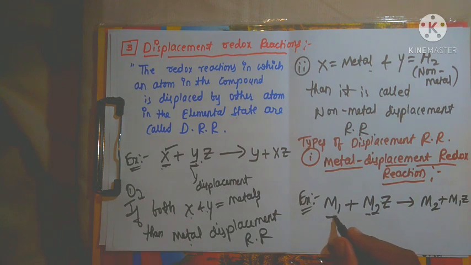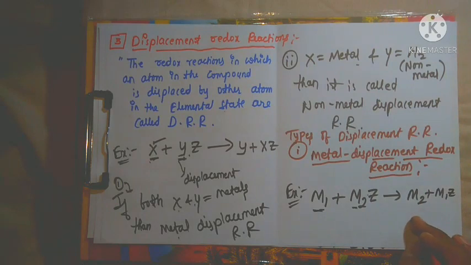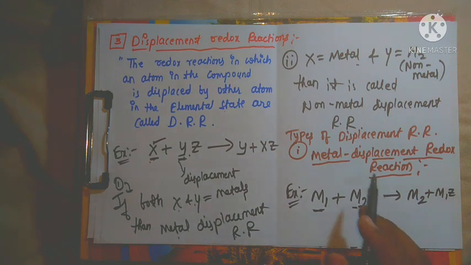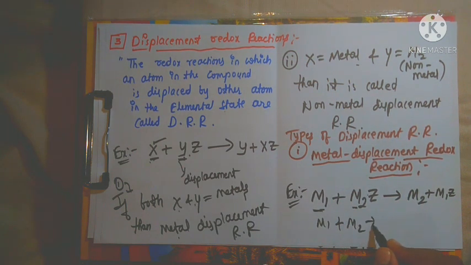Such types of reactions are called metal displacement redox reactions. This is the general example. Both M1 and M2 are metals.